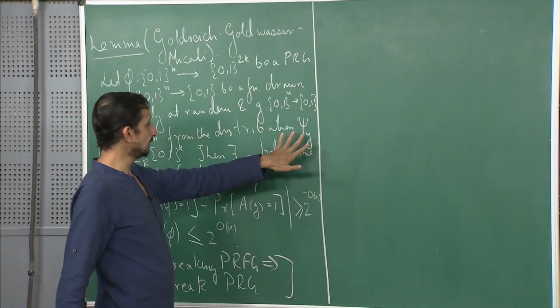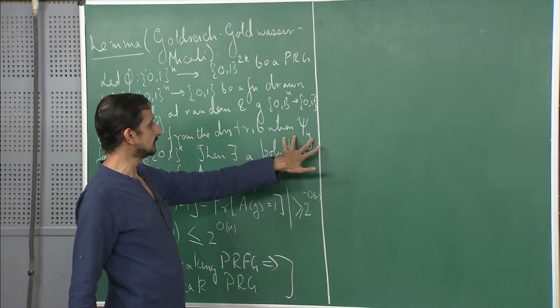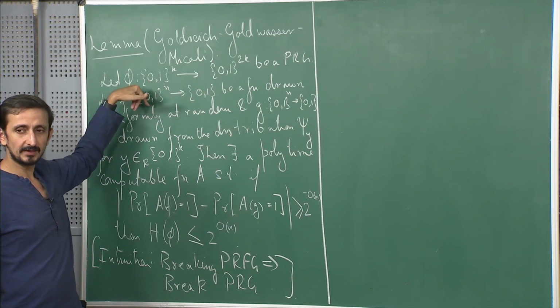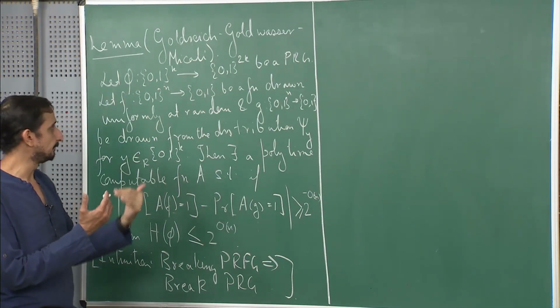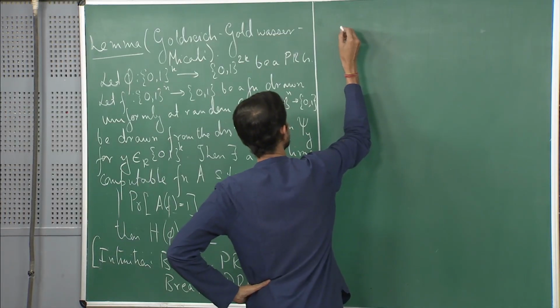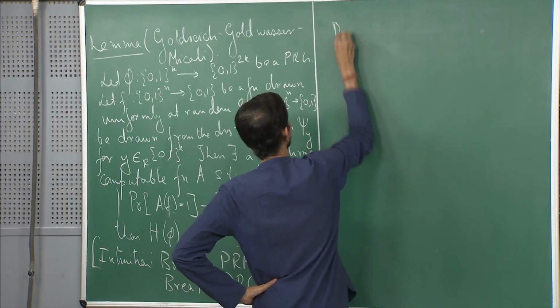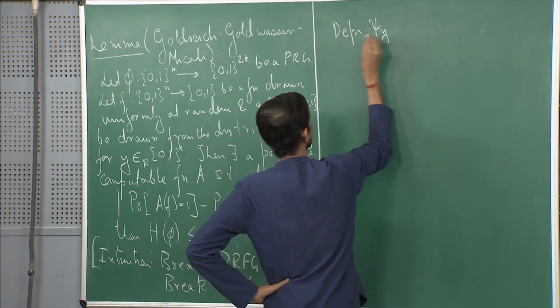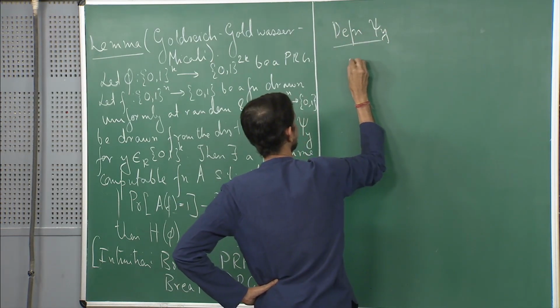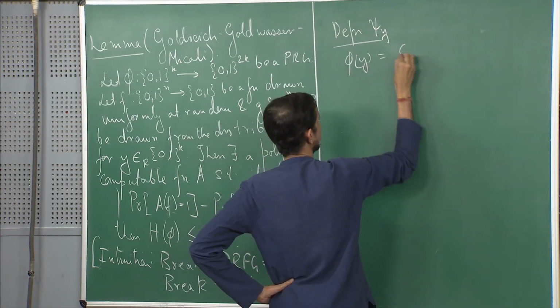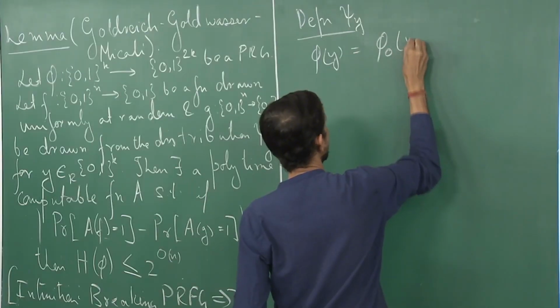Let me recall what this distribution psi y was. We have this function phi, and we can think of breaking the output of phi into two parts, phi of y as phi 0, phi 1 of y.